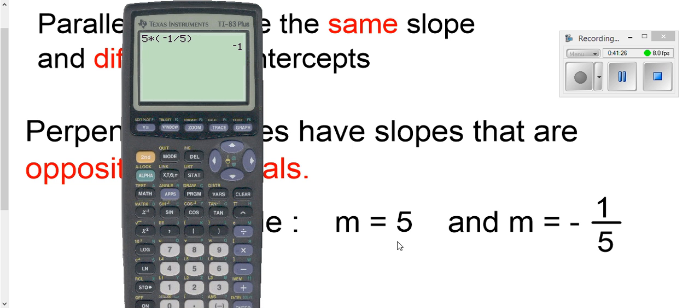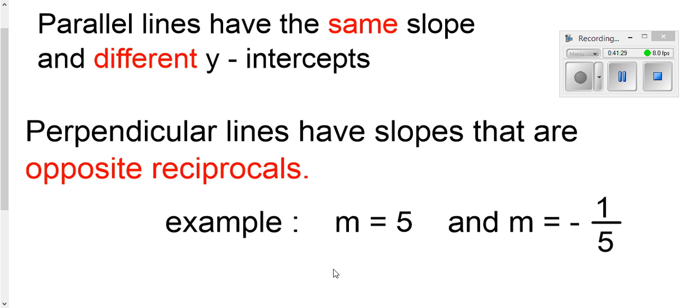Yes, those are negative reciprocals of each other. So again, remember those. You might even write that down again. Parallel lines, same slopes, different y-intercepts. Perpendicular lines have slopes that are opposite reciprocals.